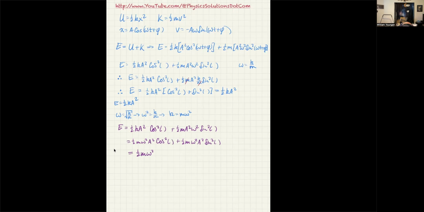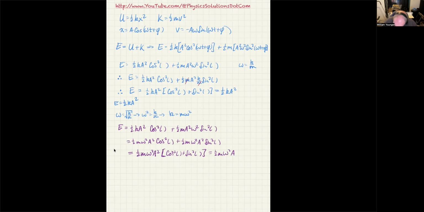Wait a second, the A squared should have disappeared. Oh, A squared, gotcha. And then that's times cosine squared plus sine squared, which is just 1. So we finally get that it's equal to 1/2 m omega squared A squared times 1. But here's the kicker.